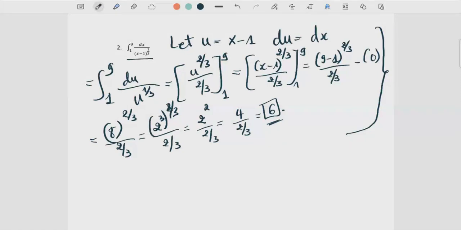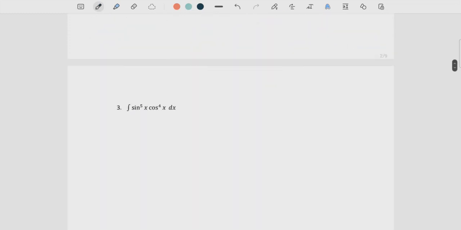So as I've mentioned before, it's really a trial and error thing. You need to try it multiple times and see if it works out. So you have to try different methods and see which one is giving you the best results, or rather the shortest way to the solution, right? And the only way you can know that really is by practicing. So let's move on to the next one and see what we have.